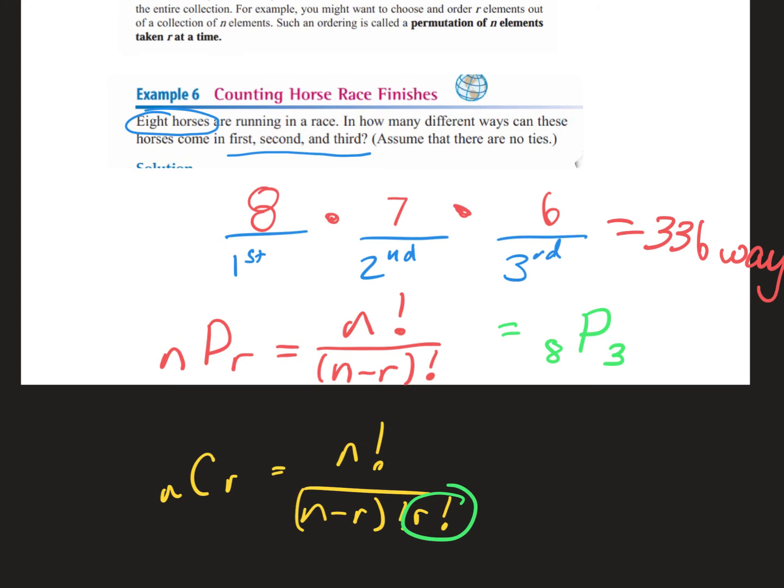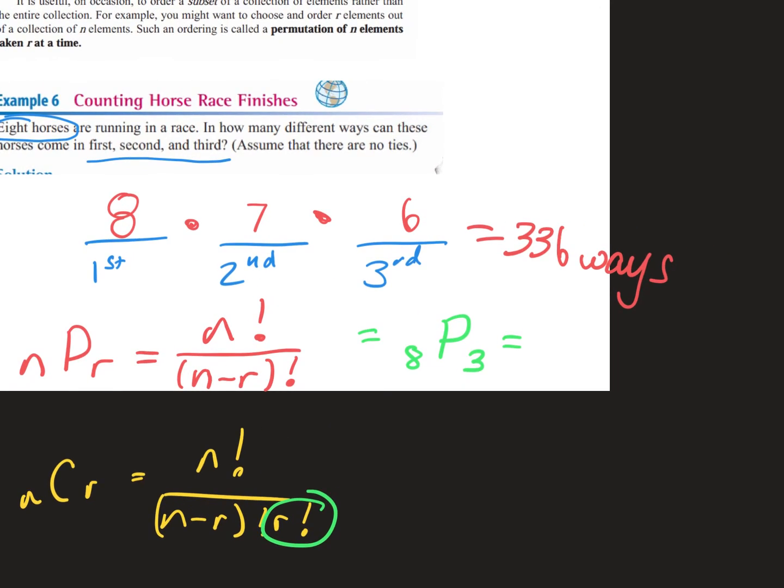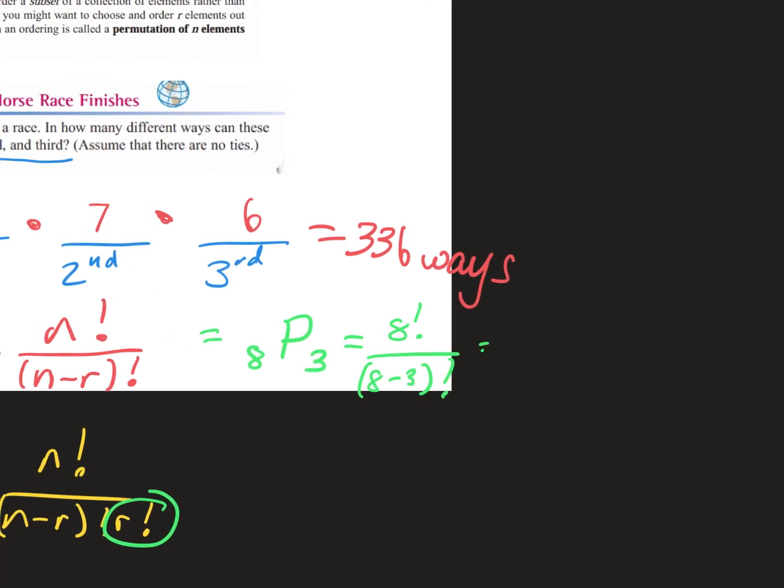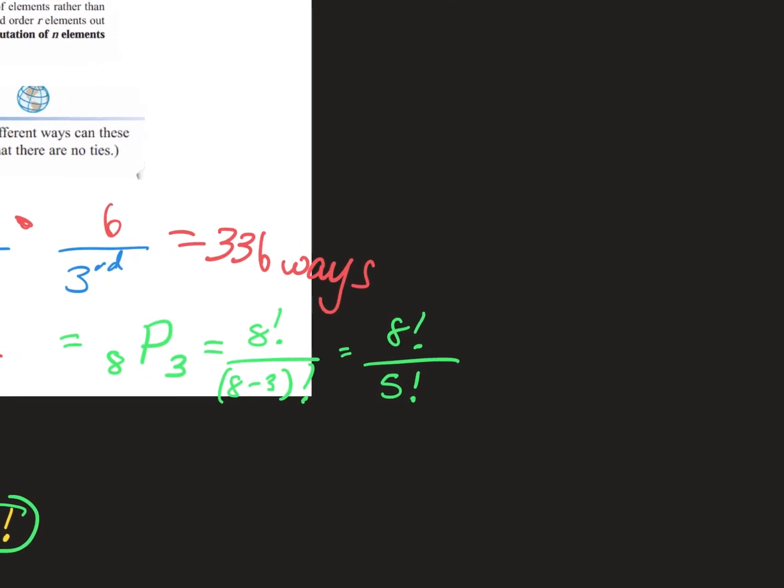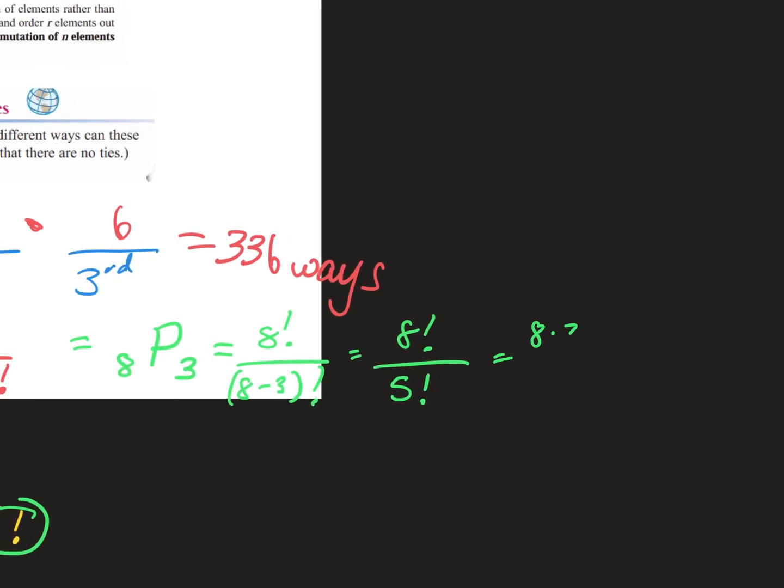So you would say 8 permutate 3. You would say 8 factorial over 8 minus 3. So you get 8 factorial over 5 factorial. When we work this out, we get 8 times 7 times 6 times 5 factorial over 5 factorial. What happens to 5 factorials? So this equals 336.